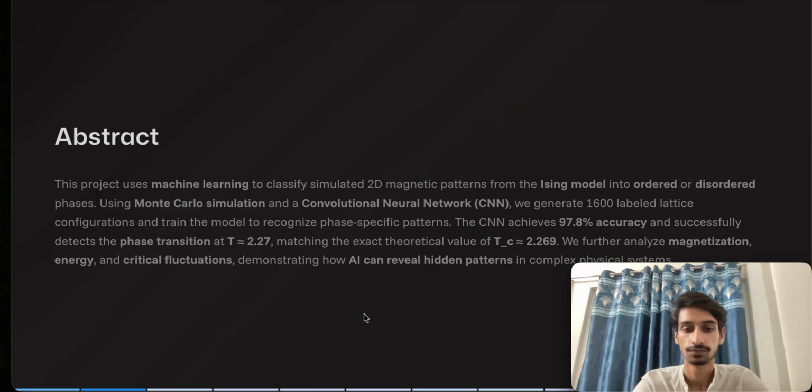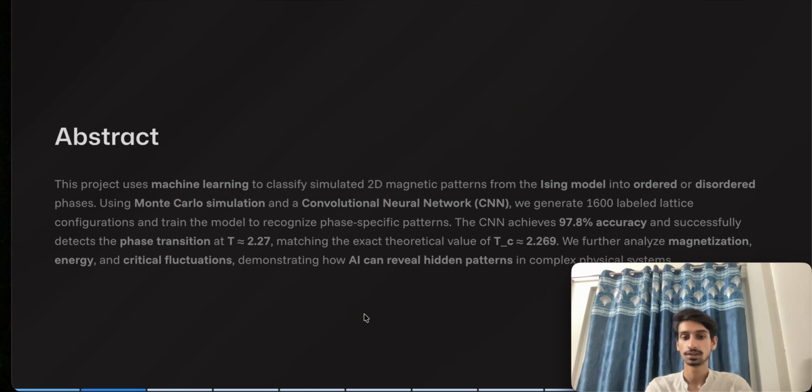We used Monte Carlo, a random sampling method, to evolve the lattice step by step until it reaches equilibrium. For the ordered phase, we start at T equal to 1.8 and run 12,000 steps.